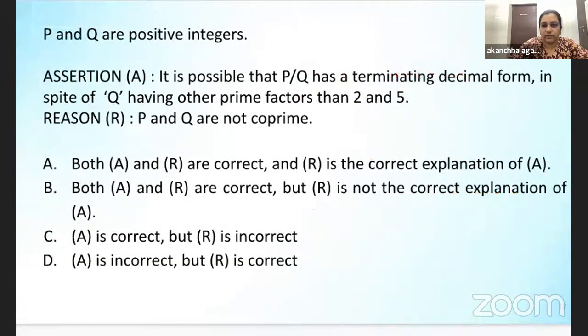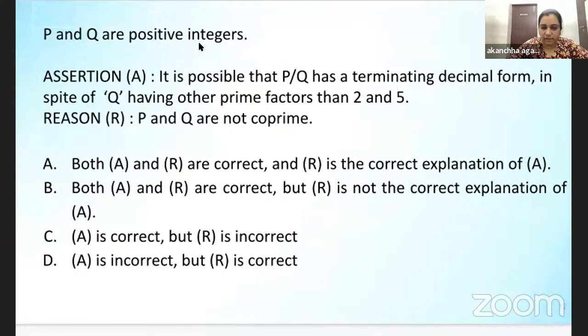Okay, I'll just remove the drawings. So what they are saying, again, this is the assertion reason type question, very important. And you should know how to deal with these questions. As I told you, you will have 2 statements, and by looking at the 2 statements, you will have to analyze them and comment on which of the options is correct. P and Q are positive integers.